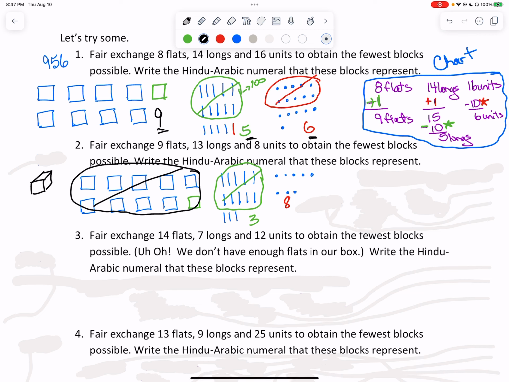That's my cube. Once I regrouped and exchanged, once I trade, how many flats am I going to have? I'm not going to have any flats, but I am going to have 1 cube. So if I put all those together, I erased 1 as I put it up. That's 1,038.